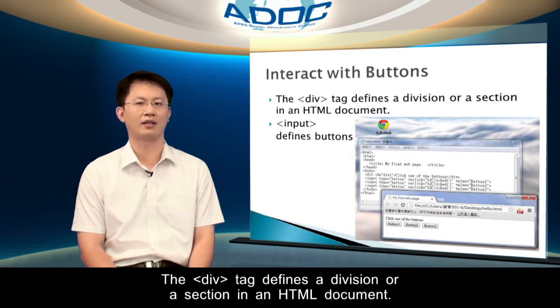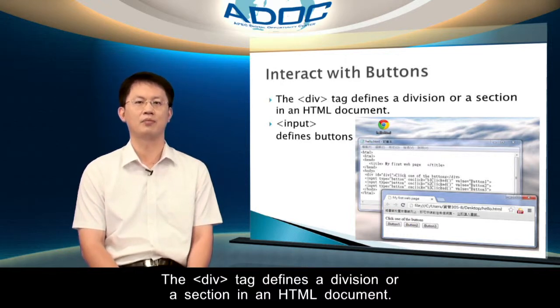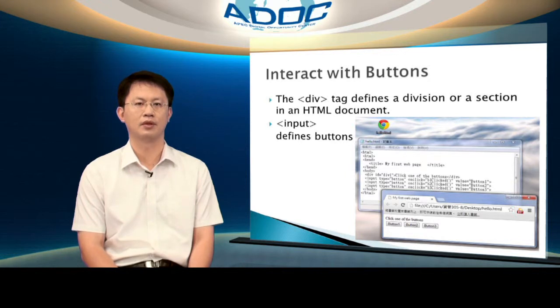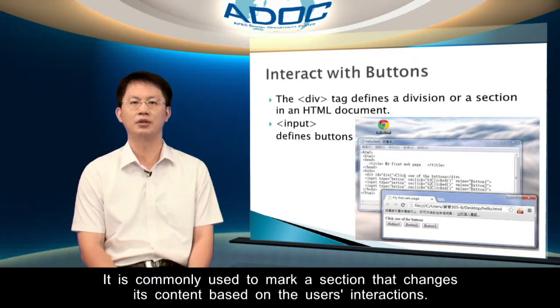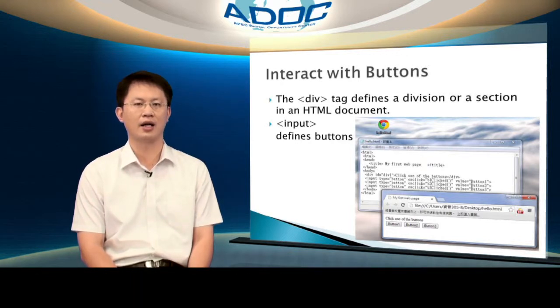The div tag defines the divisions or sections in the HTML document. It is commonly used to mark the sections that change their content based on the user's interactions.